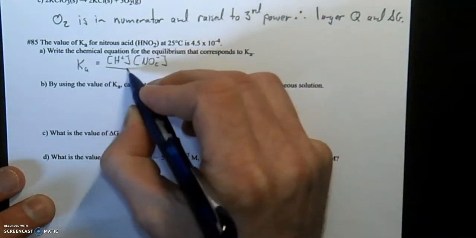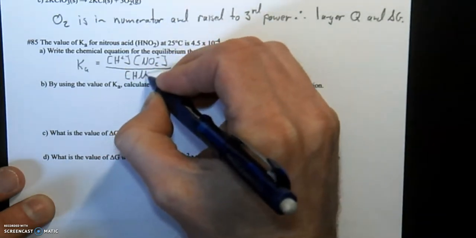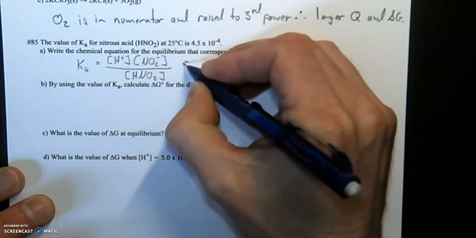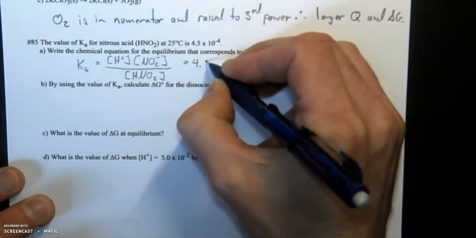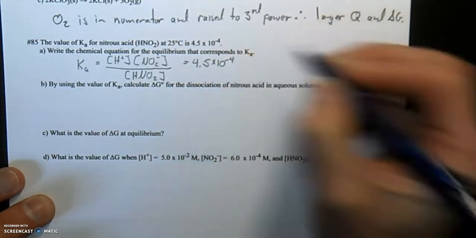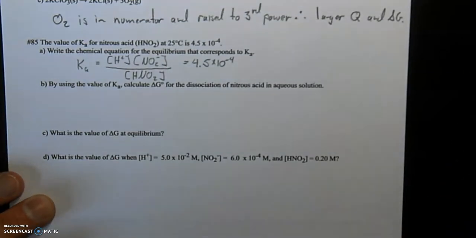Everything's kind of like a one-to-one, so there are no exponents for this one. HNO2, all concentrations, and I do have the value, and I'll write that in.